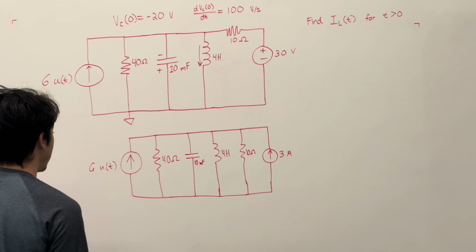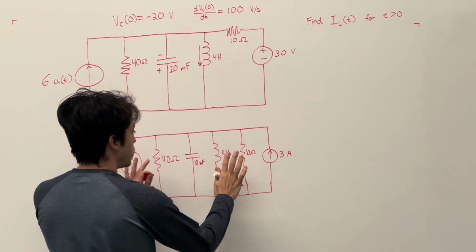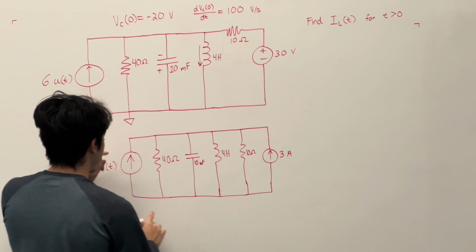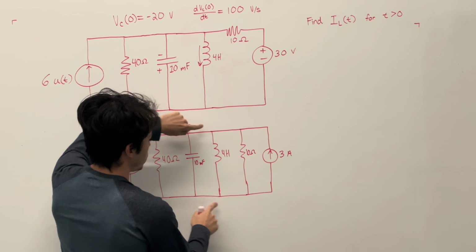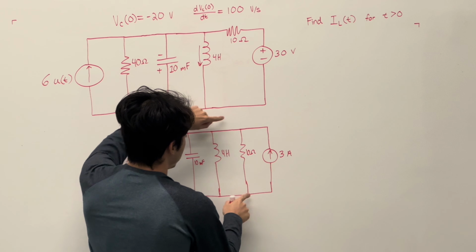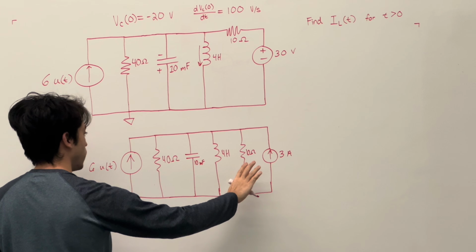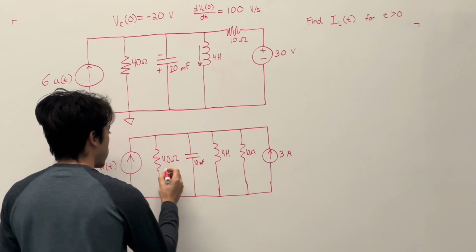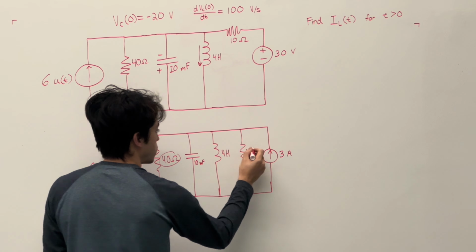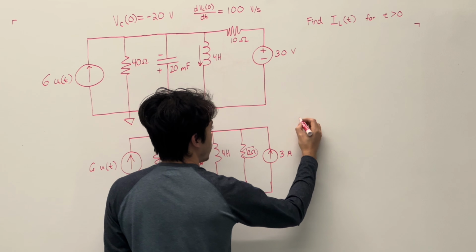So now you can see I have a circuit where all of the elements are in parallel. So the voltage across here and across here, across here for VC and VL and VR is all the same. So everything is in parallel now. So based on that, we can combine these two resistors by using the equivalent resistance for parallel resistors.